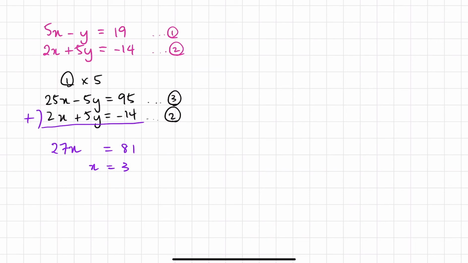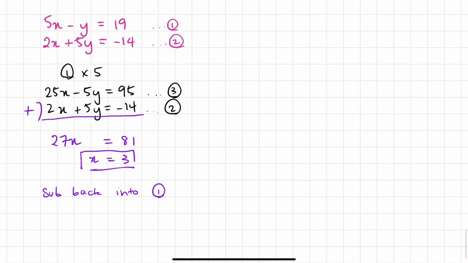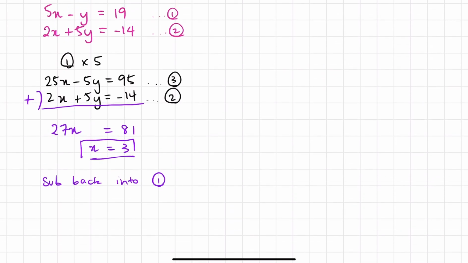Once you've found x, let's sub it back into equation number 1. We can say 5x, where x is 3, minus y equals 19.